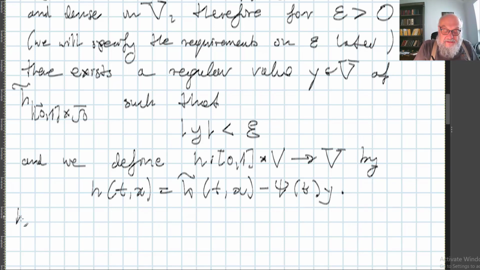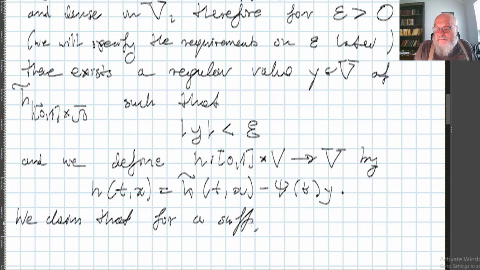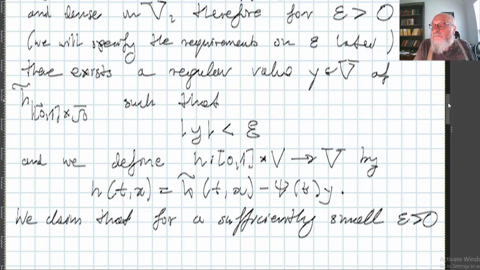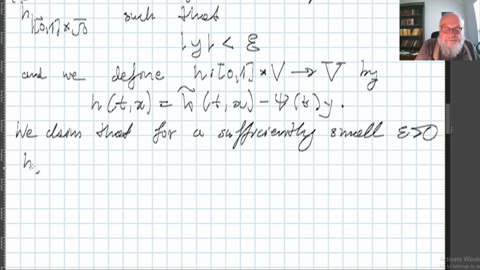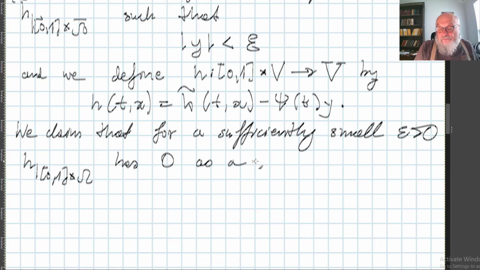So let me formulate the claim. We claim that for a sufficiently small epsilon larger than 0, h restricted to [0,1] times omega has 0 as a regular value.